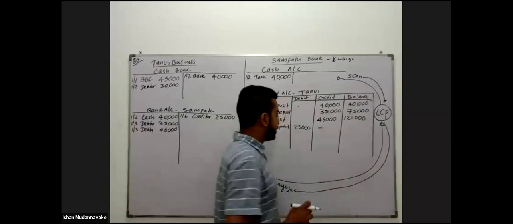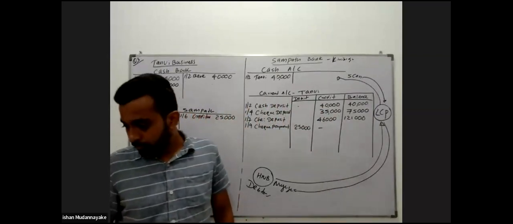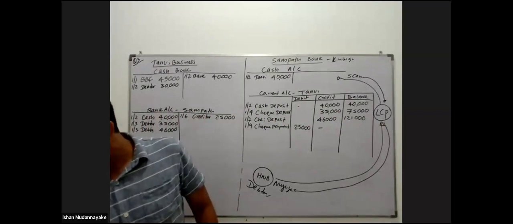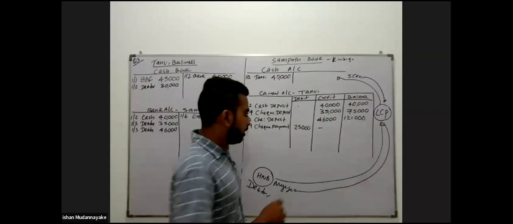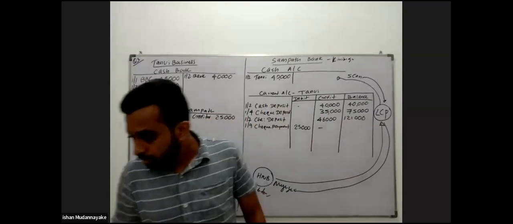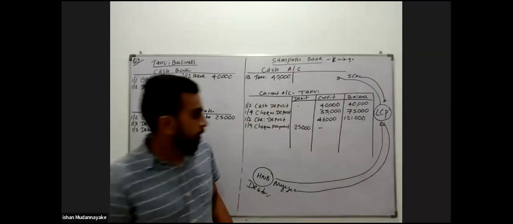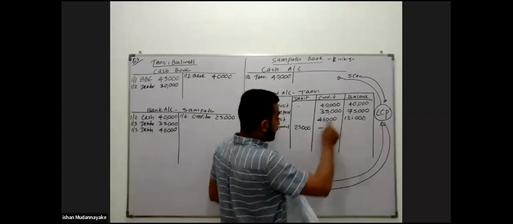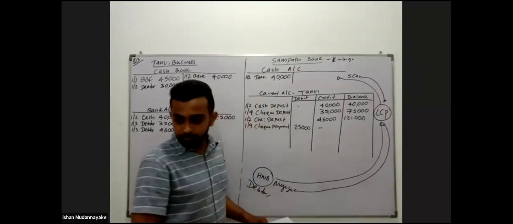Balance available how much now? 106,000? No. Here 121,000, so 96,000.